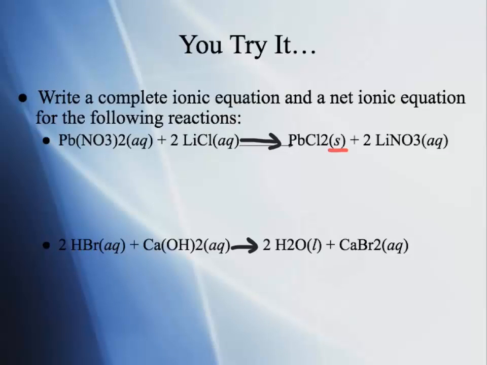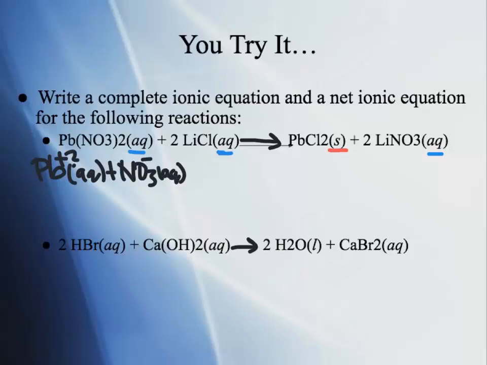So for the complete ionic equation, we are going to look at all of these lovely AQ symbols and write out the ions that make them up. So we are going to write out Pb plus 2, aqueous, and we're going to write out NO3 minus, aqueous.